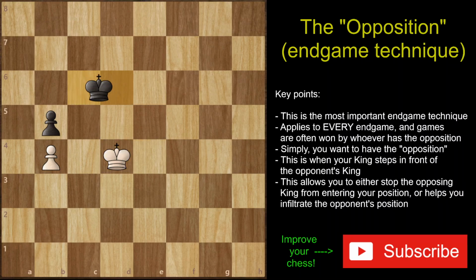So this way, white can just go back and forth. He can try to enter this way, and this is the really sneaky part, white actually manages to gain opposition here, right? The kings are opposite each other, but black regains opposition here.